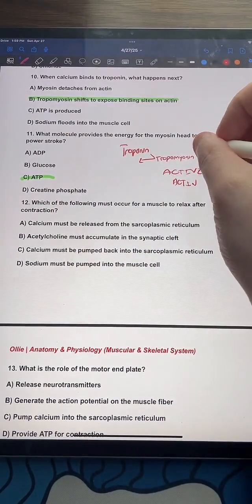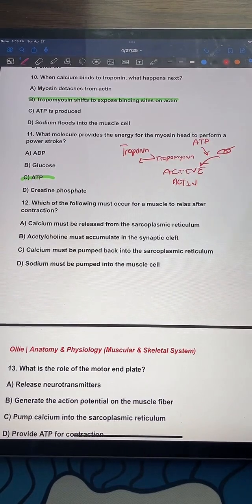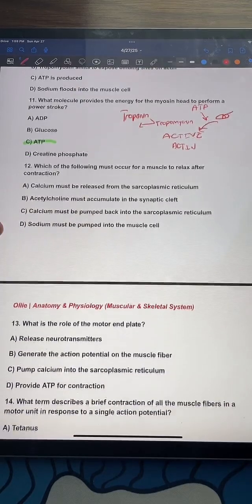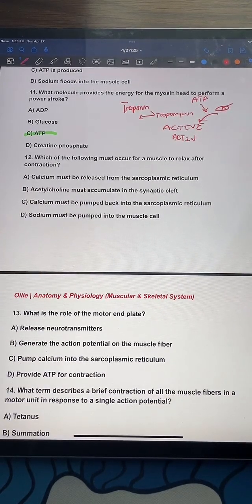So we need ATP for the myosin head to perform a power stroke once it binds to the active site and pulls towards the center of the sarcomere. Hopefully that makes sense. Is this making sense so far? I'm trying to use questions to guide a little bit of a story.